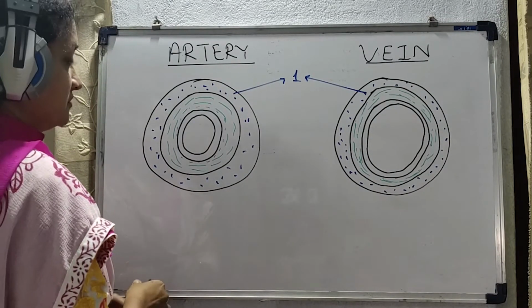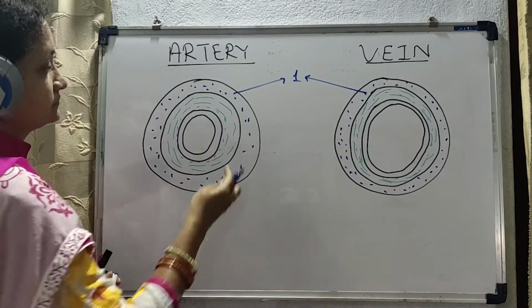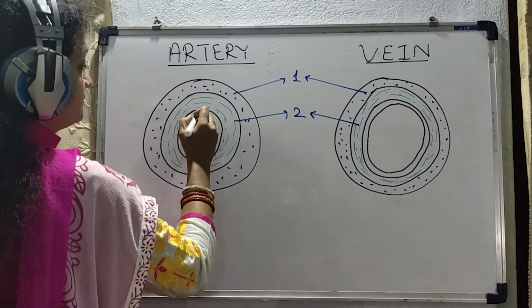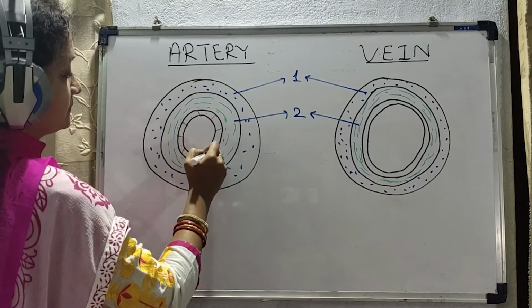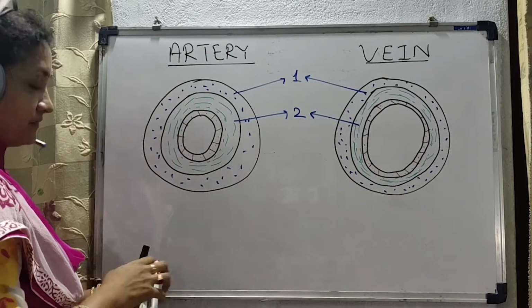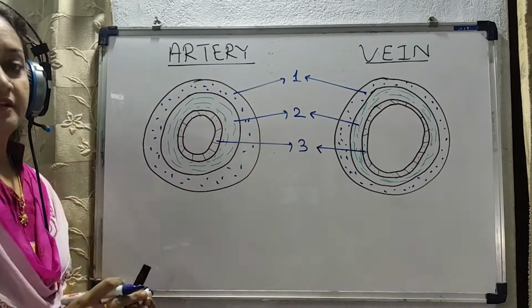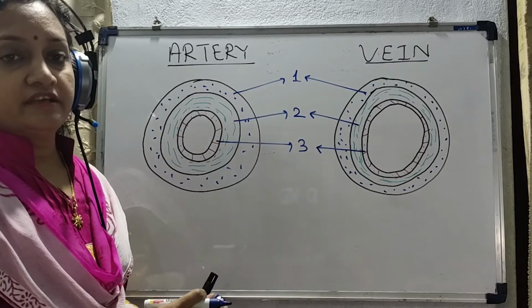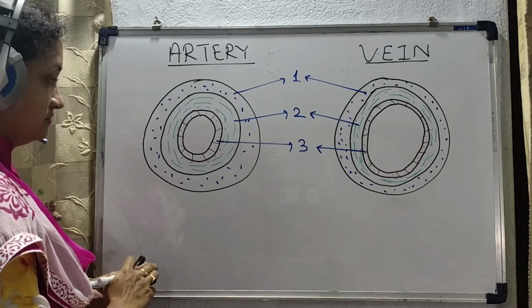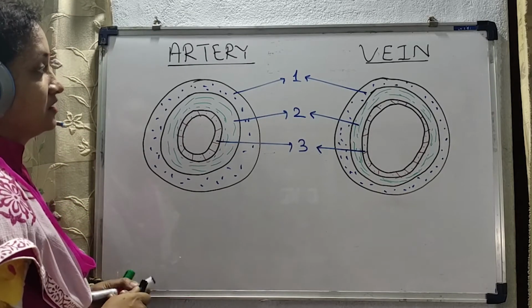This is the second layer, the innermost layer. Already I have drawn the three layers of these blood vessels. Let us draw the capillary.